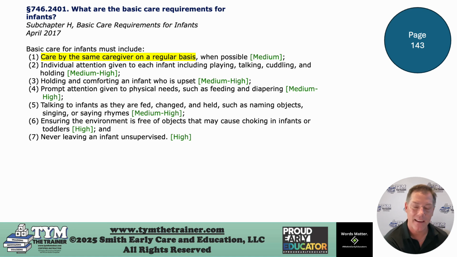They've got to have that consistency. So care by the same caregiver on a regular basis is one of the most important things that we can do. So if you're in a situation where you're having a lot of turnover of staff and you've got different teachers in that classroom throughout the week, you could be cited for that.